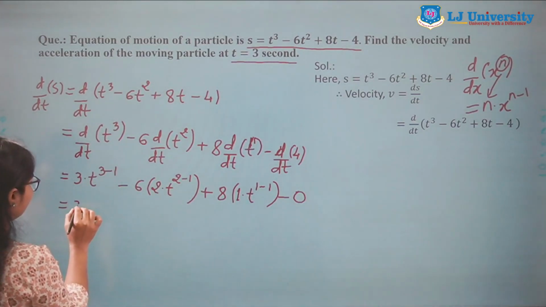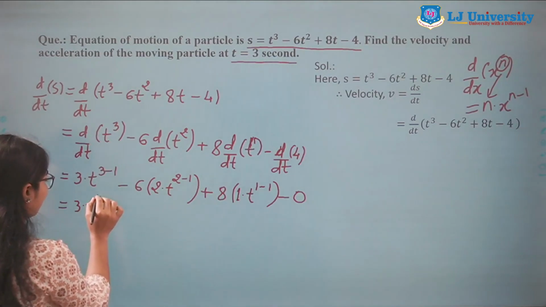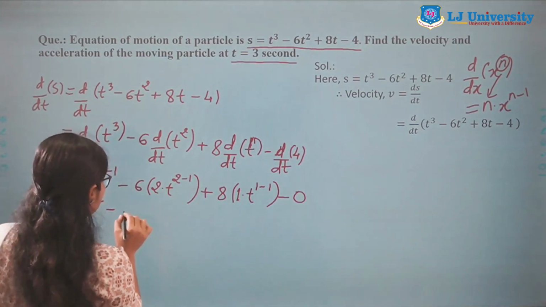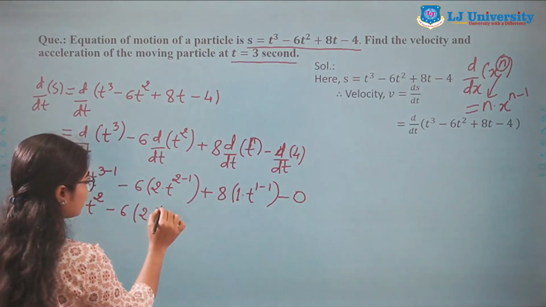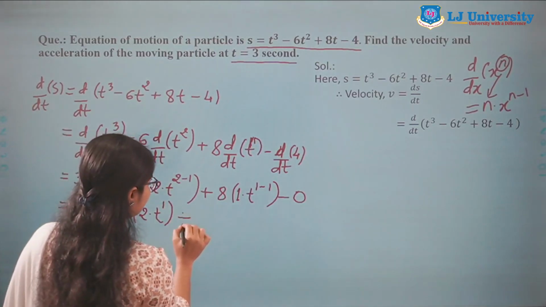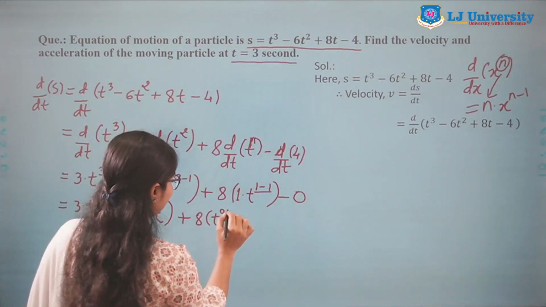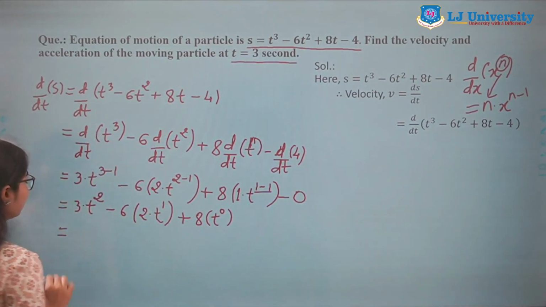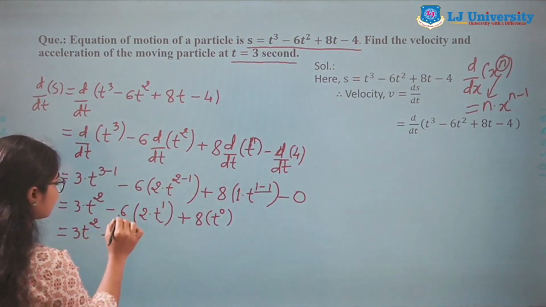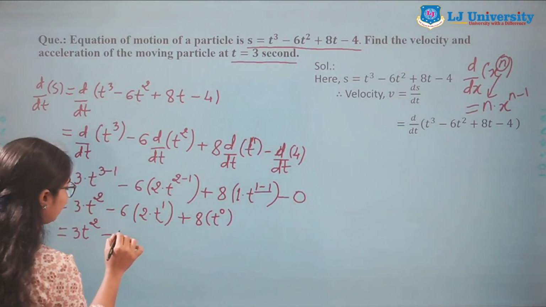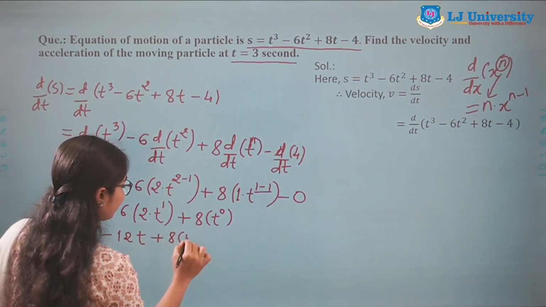Next, 3 into t to the power 3 minus 1 is t square, minus 6 into 2 into t to the power 2 minus 1, that is t to the power 1, plus 8 into t to the power 1 minus 1 is t to the power 0, which equals 3t square minus 6 into 2 is 12t plus 8 into 1.